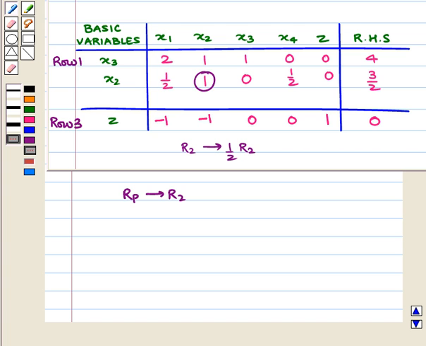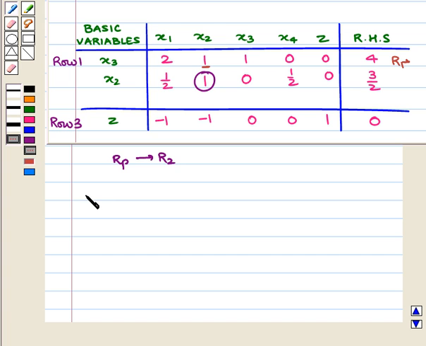So in row 1 we have positive values 1 in the pivot column. So we choose operation Ri goes to Ri minus S Rp, which is equal to R1 goes to R1 minus R2.